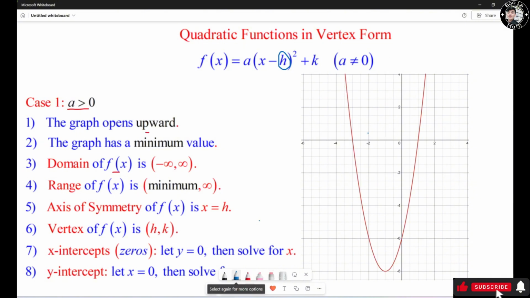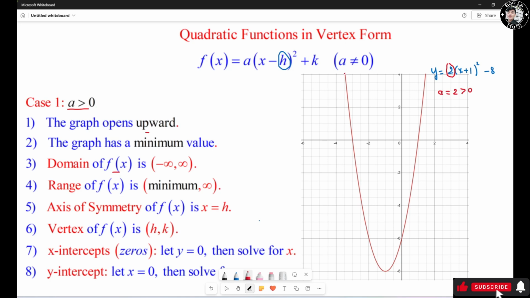Alright, now suppose this function is given by the equation y equals 2 times (x plus 1) altogether squared minus 8. Now a right here equals 2, right? Greater than 0.